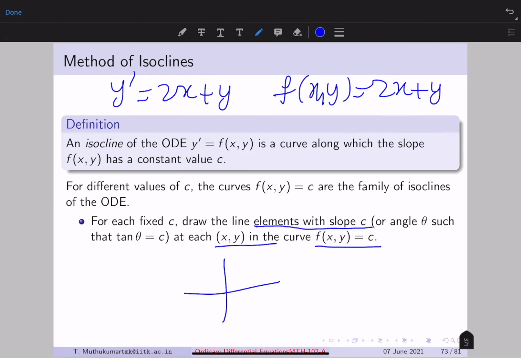So you want to look for all points such that the slope is 0, then it is some line which is y equal to minus 2x. So along this line, the slope of the tangent is all 0.